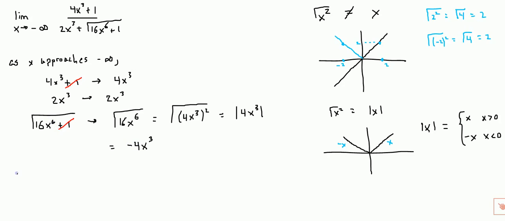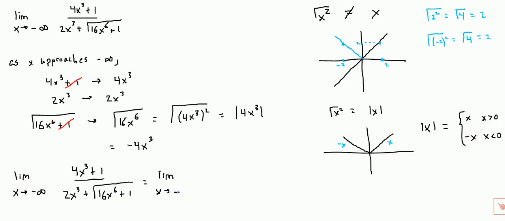So what does the whole limit equal? I'm just going to rewrite it. Okay, well, we know that this plus 1 goes away. So we have 4x cubed. 2x cubed remains the same. And then this whole term is tending to negative 4x cubed.